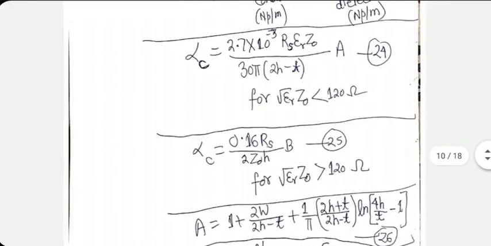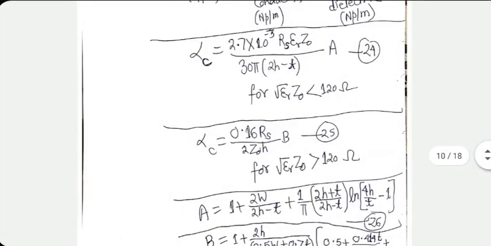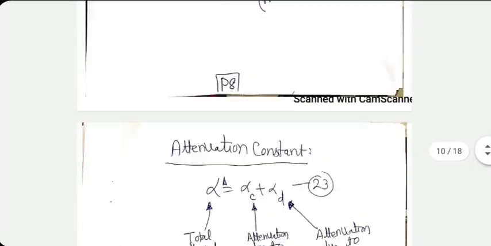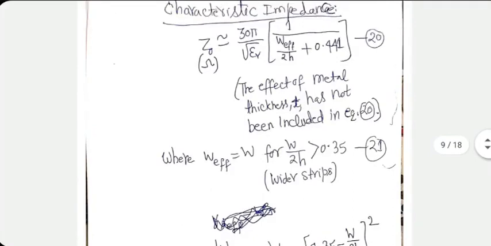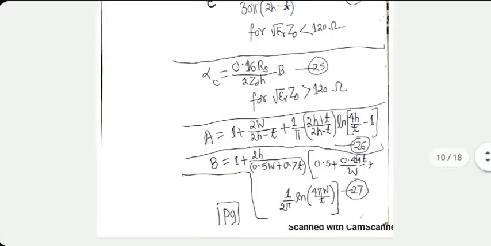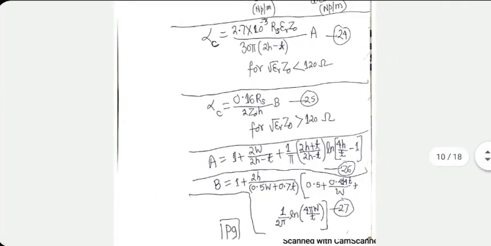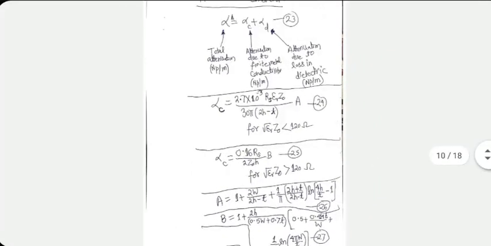Let's assume that it's a lossless line. That simplifies our calculations quite a bit. But be aware that formulas are around for calculating alpha. Very complicated formulas. Nobody can remember them. We generally write a MATLAB program to use them so that we don't have to carry out calculation every time.